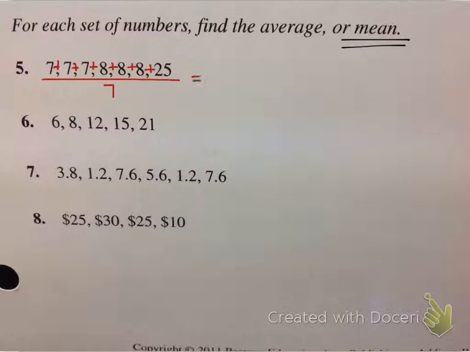So let me simplify my numerator: 7 plus 7 plus 7 plus 8 plus 8 plus 8 plus 25. I get 70. So 70 over 7 gives me 10. So the average or the mean of this particular set of data is 10.